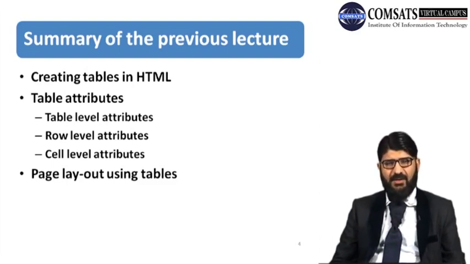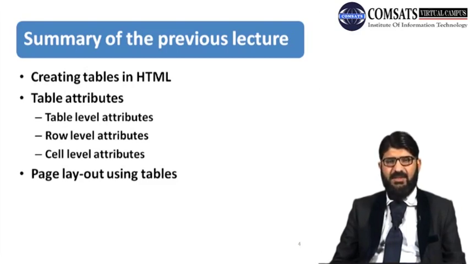Then we have studied row level attributes of a table, in which we have seen how to increase the height of a row, how to use background color for a row, how to use an image for the row, and then we have seen cell padding, that is the space between content in a cell and its boundary. And then we have seen cell spacing, that is the space between two cells.